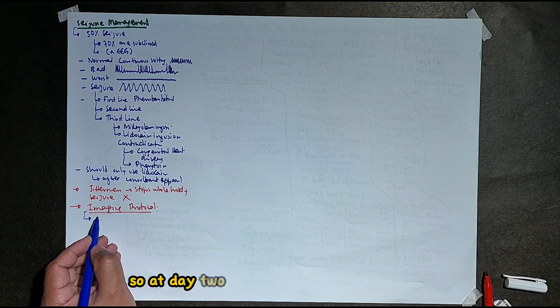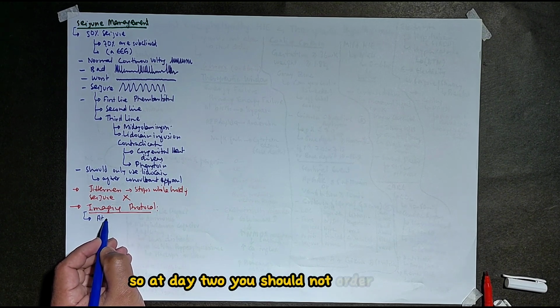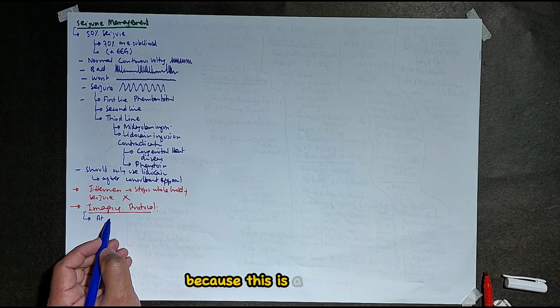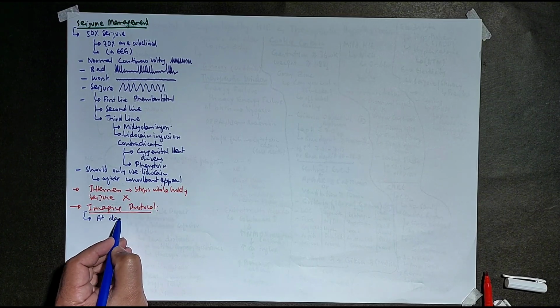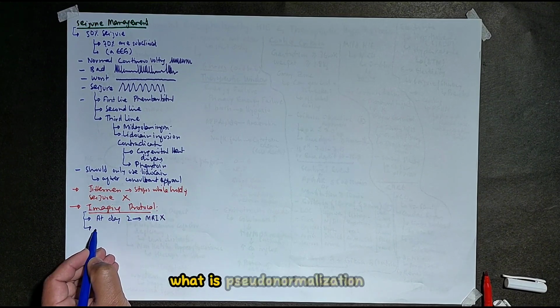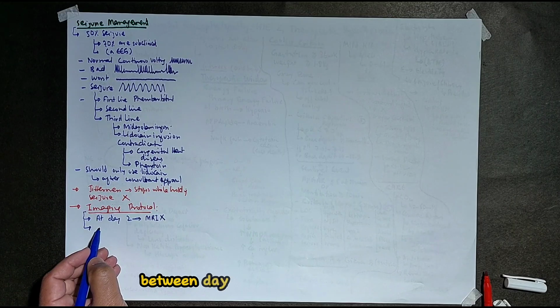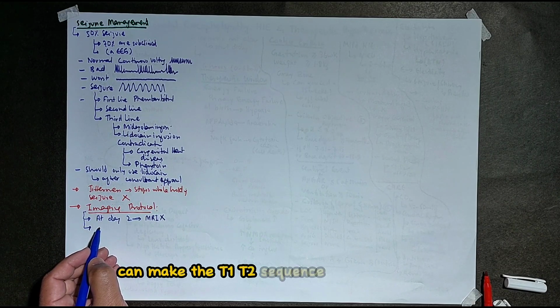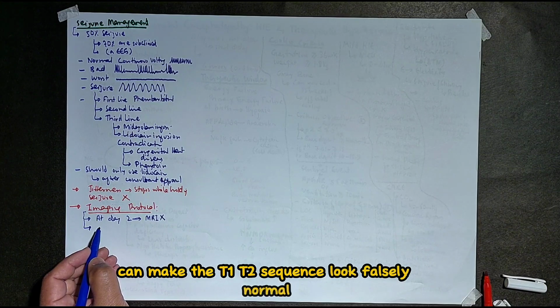At day 2, you should not order an MRI because this is a phase we call pseudo-normalization. What is pseudo-normalization? Between day 2 and 4, cellular edema can make the T1 T2 sequence look falsely normal.